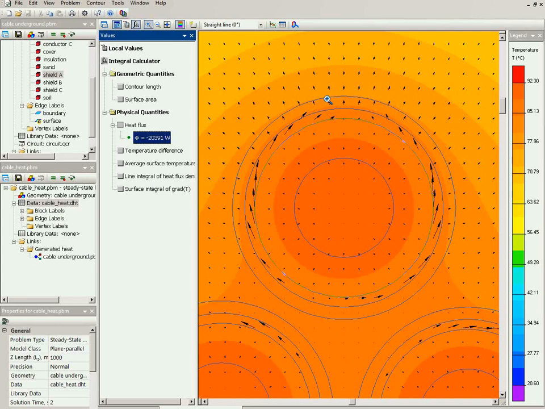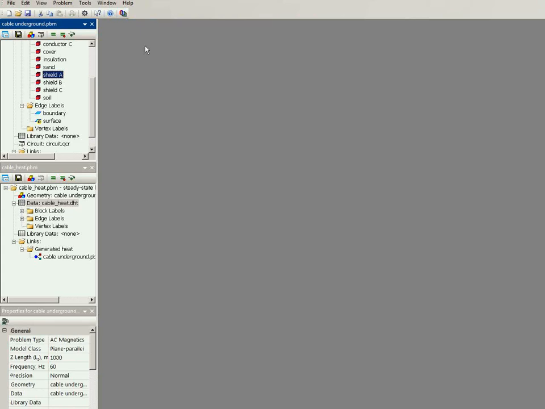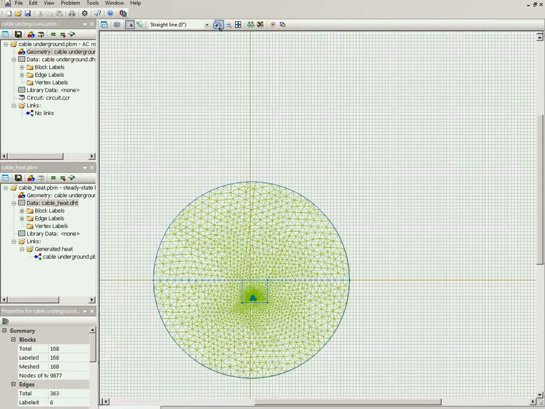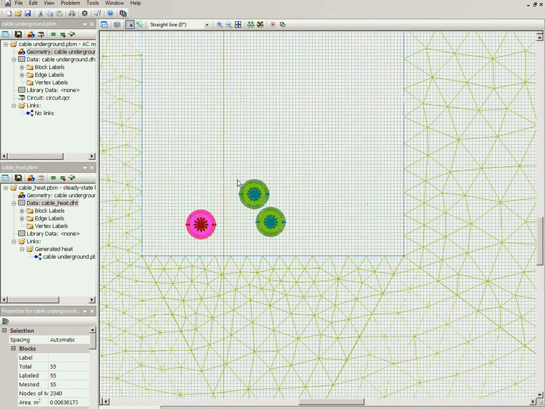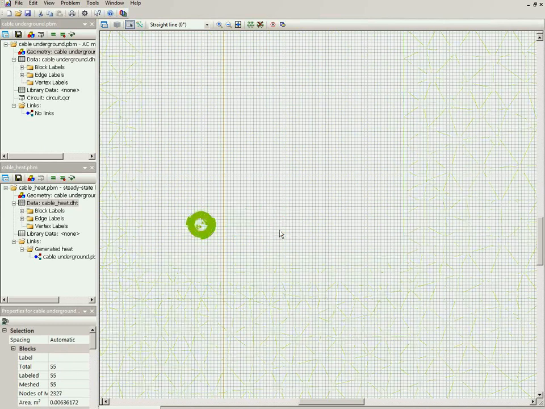Now, what else can we do with QuickField in this problem? Why is QuickField easy to use? For example, you decided that there is enough space in the trench and you would like to place the cables not in a triangle but in line. What would be the temperature in this case?